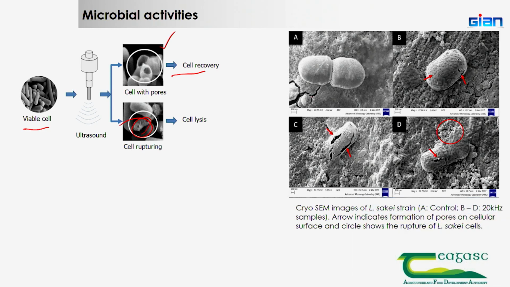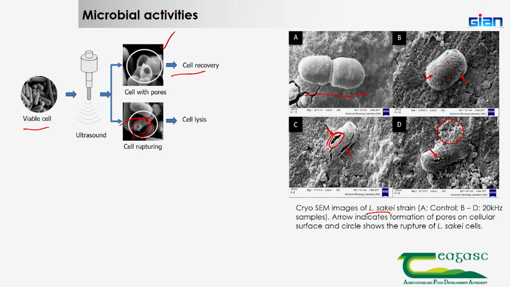As you can see here, this is much clearer. This is the favorite bacteria of dairy technologists, Lactobacillus sakei. This is the normal cell. You give ultrasound and you can see all the small pits. This is at controlled energy delivered. Now, these are also pores.